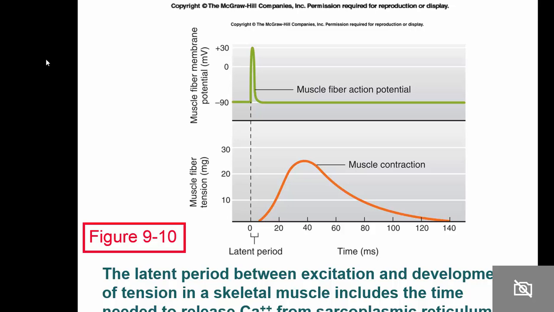So what do each of them do? What's the Golgi do? Tension, the amount of force being produced. Okay? And then the other one does what? Information about the stretching. That's right. So what do you think's going on? Which one are you trying to desensitize?